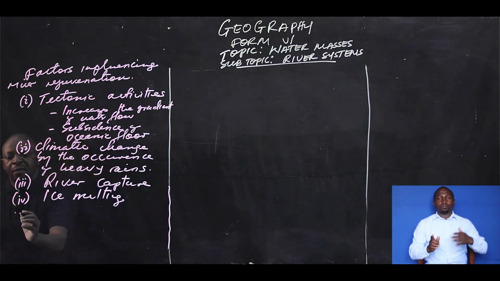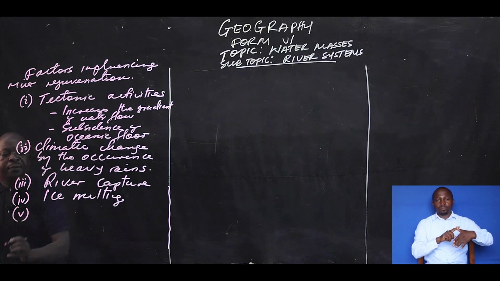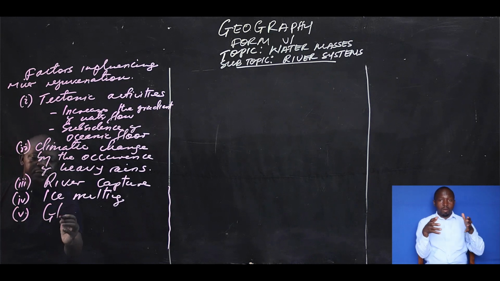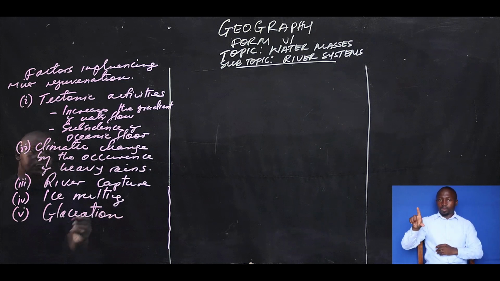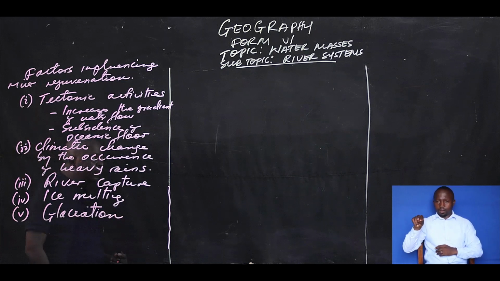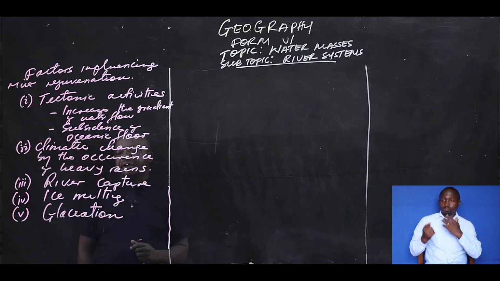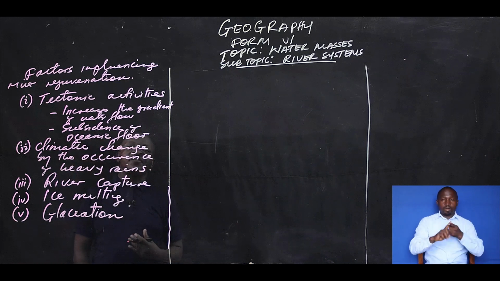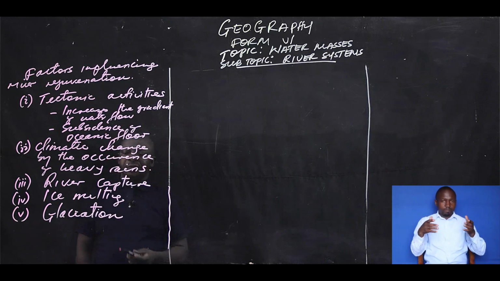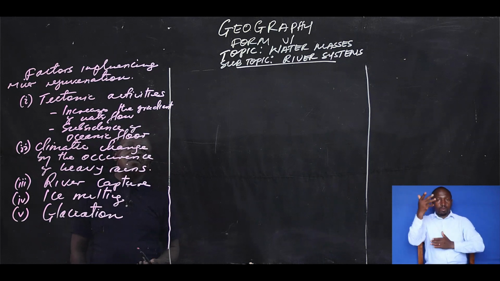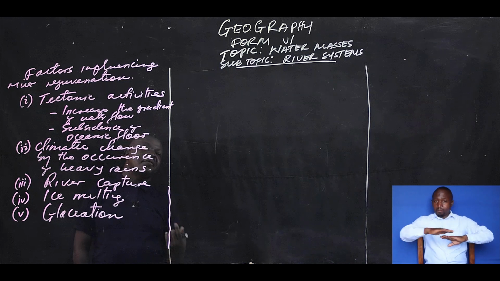Five, glaciation. When we talk of glaciation, we mean occurrence of glaciers over landscapes as water frozen. This reduces the volume of water in the oceanic basin.